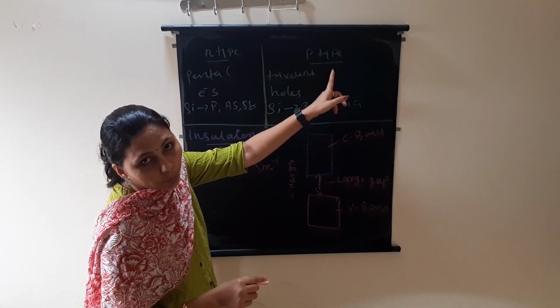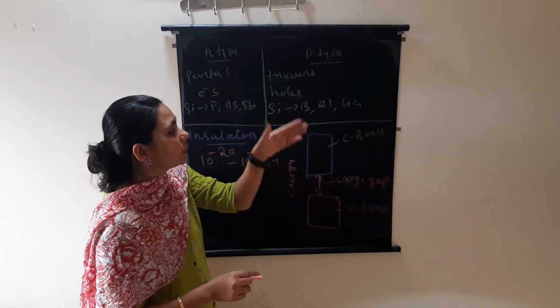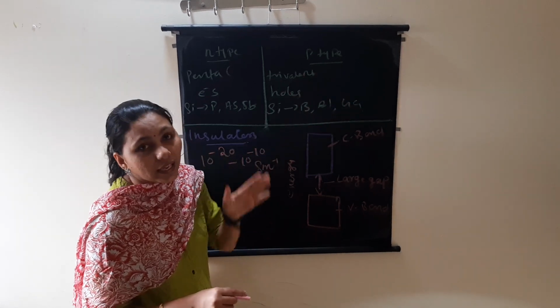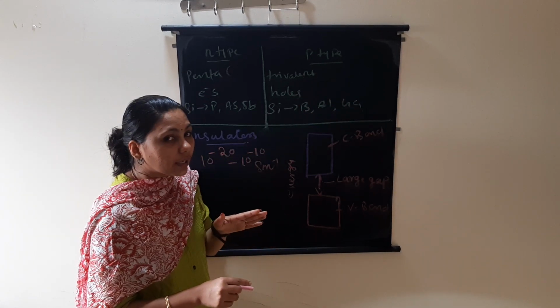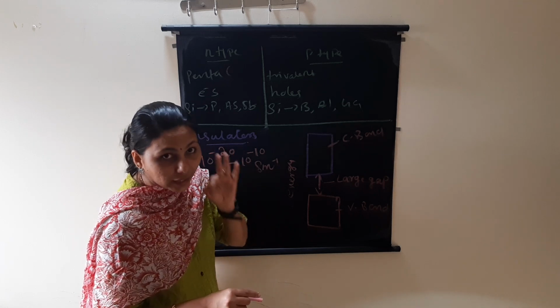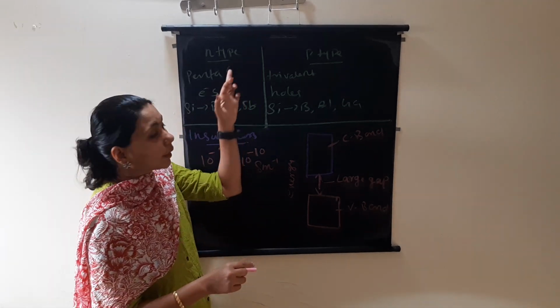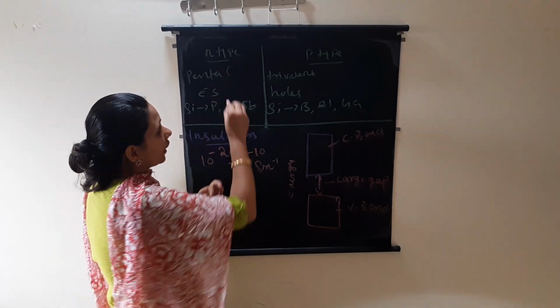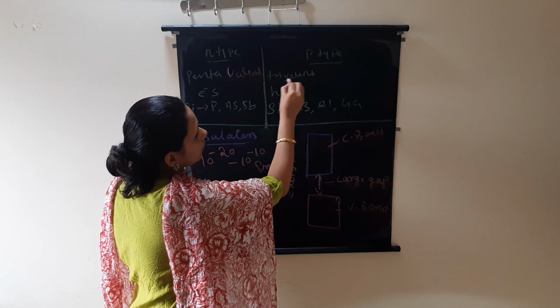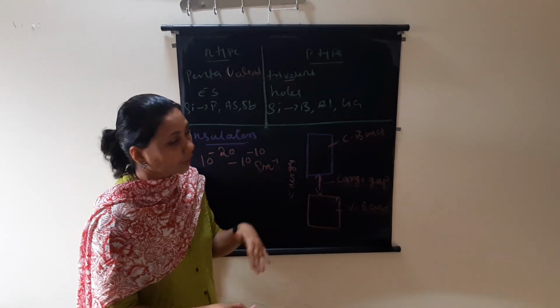But in P-type, we dope with boron, aluminium and gallium, which are trivalent. Boron has a valency of 3. So N-type is doped with pentavalent, and P-type is doped with trivalent, right?